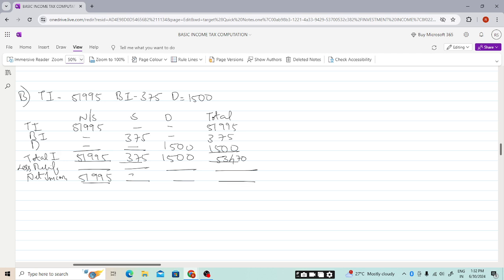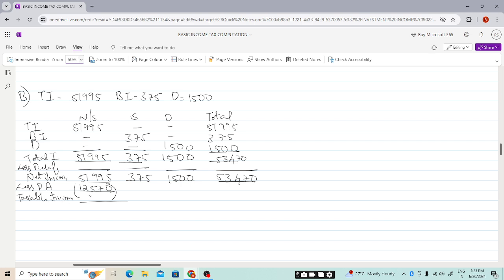51,995, 375 and 1,500. So our total and net income will be the same, that is 53,470, less personal allowance. Personal allowance will be available in full, as our PA is not getting tapered because our net income is not more than £100,000. So after reducing this, we will be getting our taxable income.